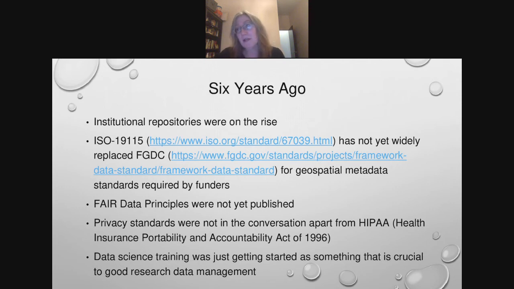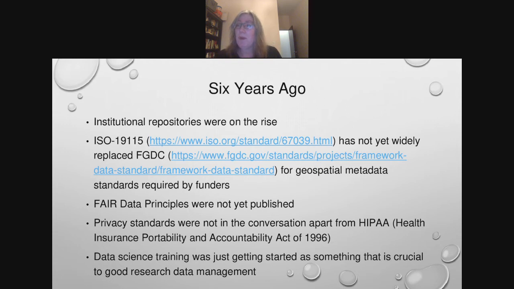Privacy standards were thought about, but not nearly in the forefront they are now. We had two collections come through that had those issues. One was an MRI set, so MRI images, and that, of course, we had to think about in the context of the HIPAA Act. And we had another interesting collection on Mexican voting data.